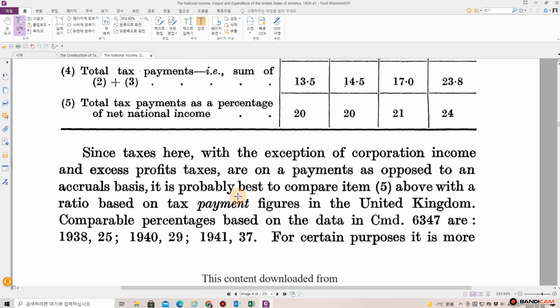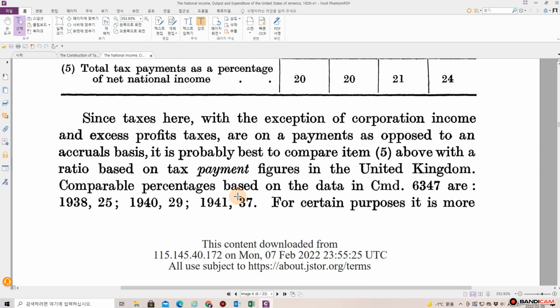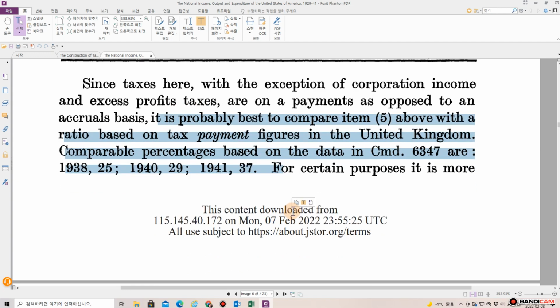Since taxes here, with the exception of corporation income and excess profits taxes, are on a payment as opposed to an accruals basis, it is probably best to compare item 5 above with the ratio based on tax payment figures in the UK.